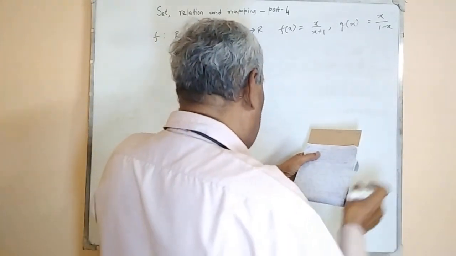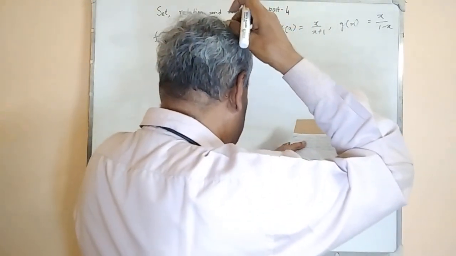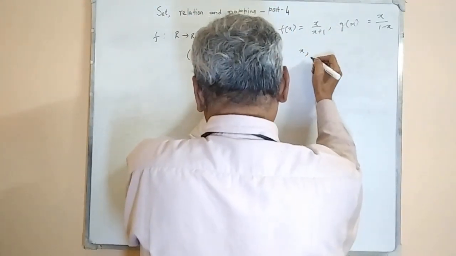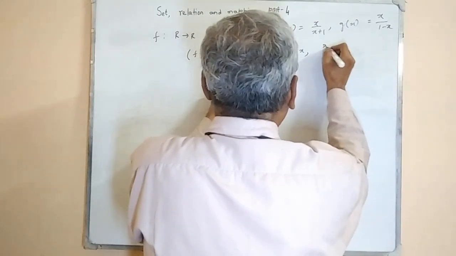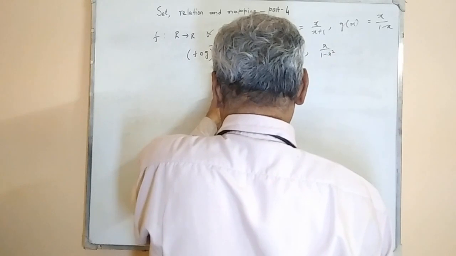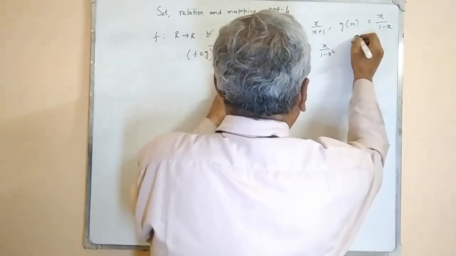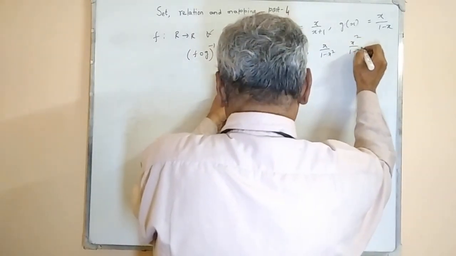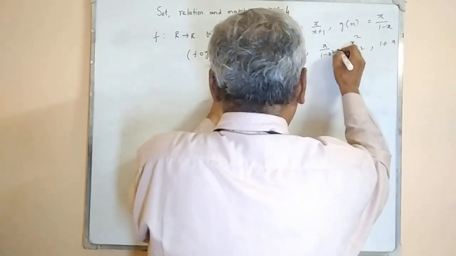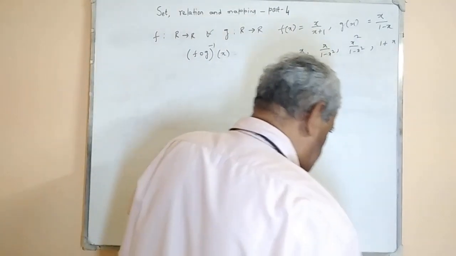So the options are x, number 2, x by 1 minus x squared, x squared by 1 minus x squared, and 1 plus x. These are the options.